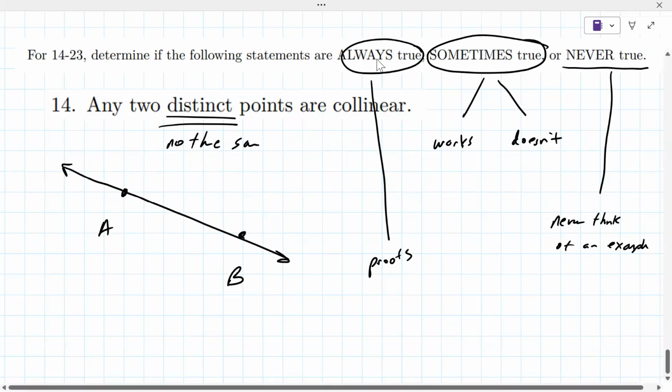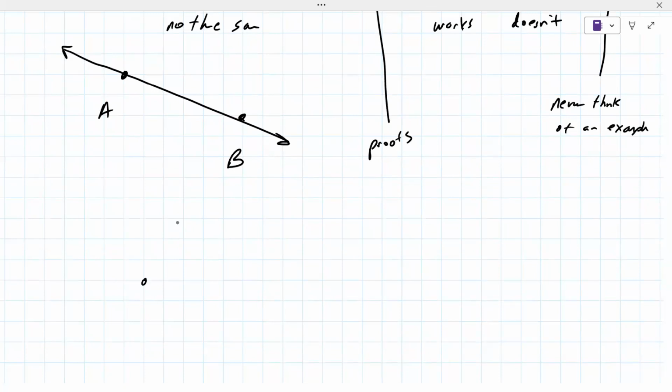So this one is either always true or sometimes true. Can you think of an example where there are two points that don't fall on the same line, but they're distinct? You can draw anything you want. Go C to D, are they collinear?